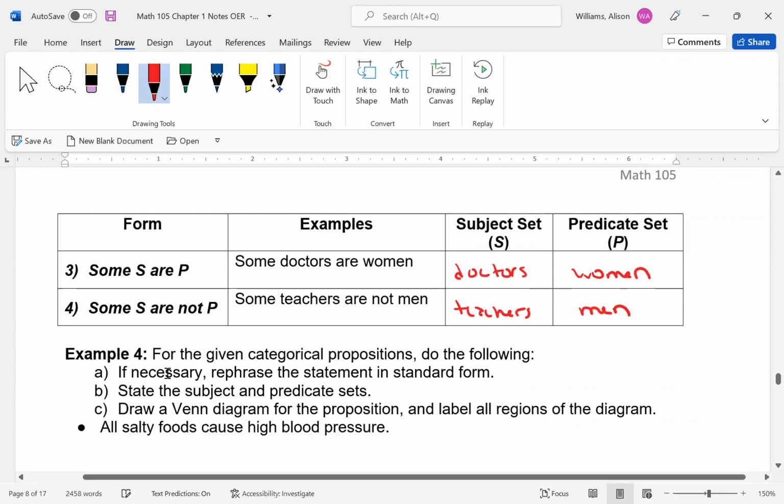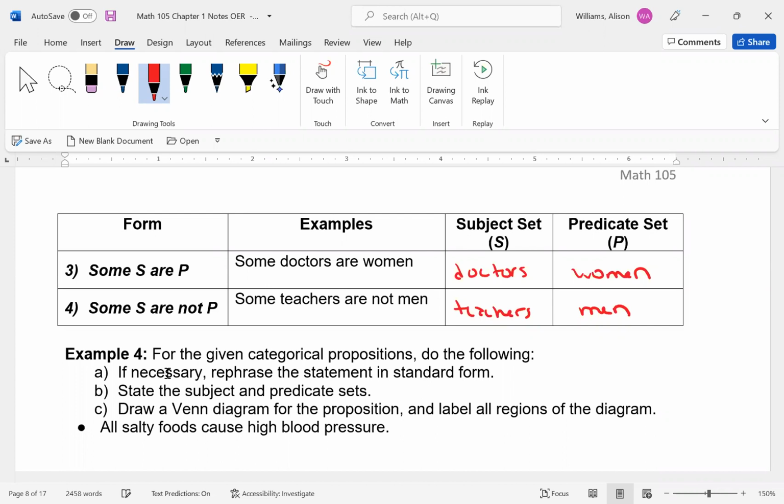So for the given categorical propositions, do the following. Rephrase it so that it's in the right form if necessary. We're going to look at which one's the subject and which one's the predicate, and then we're going to draw a Venn diagram of it. I'm going to use S and P for subject and predicate, for ease.